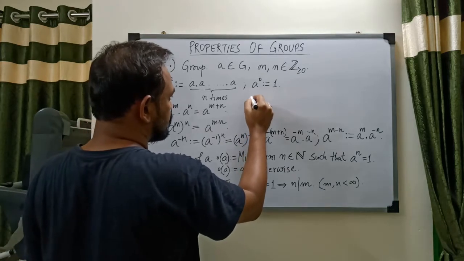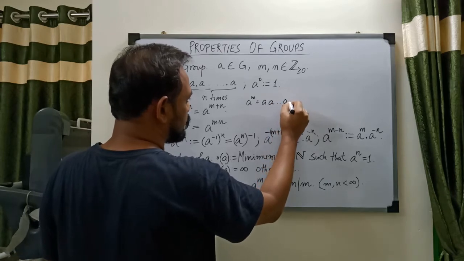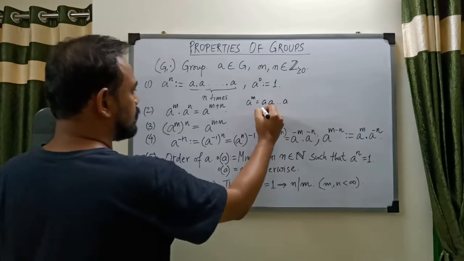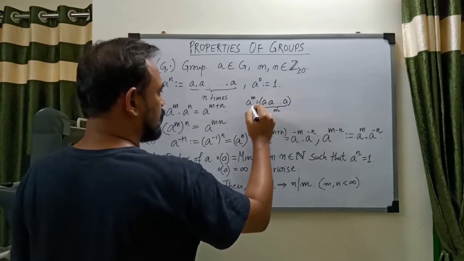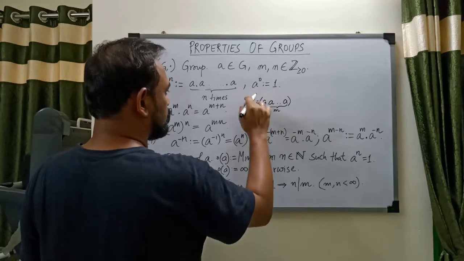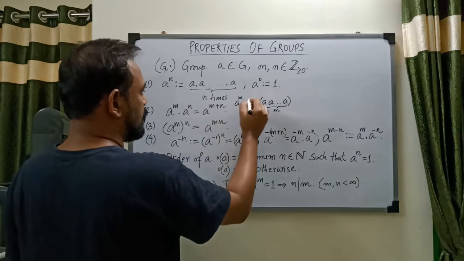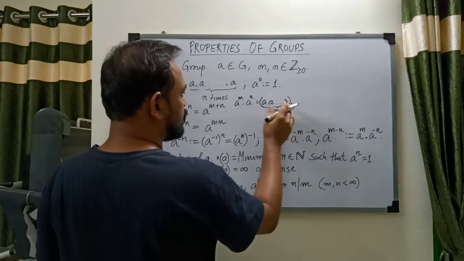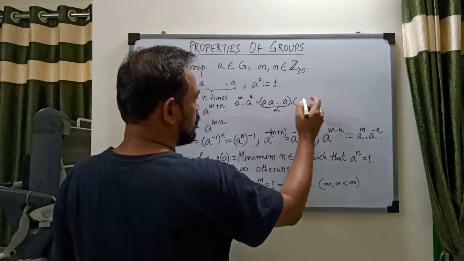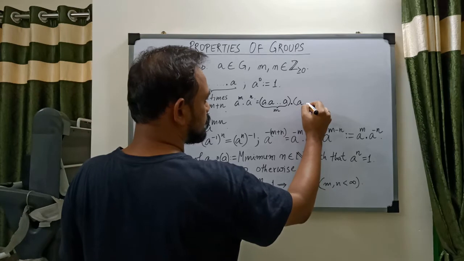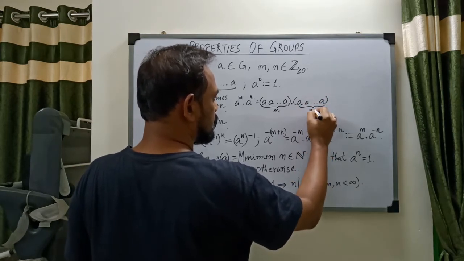A to the m is, of course, you product a m times. Then there are m of them here, and then you product the whole thing. Because you want to multiply with a to the n, this is your a to the m, and the whole thing is multiplied with a to the power n. So you have a n times here.